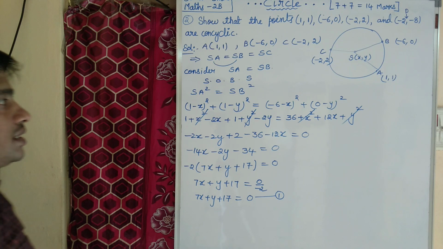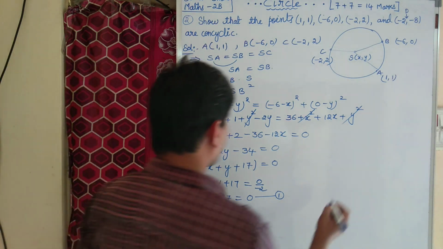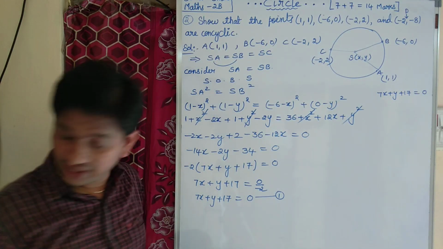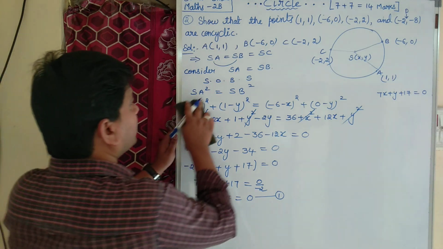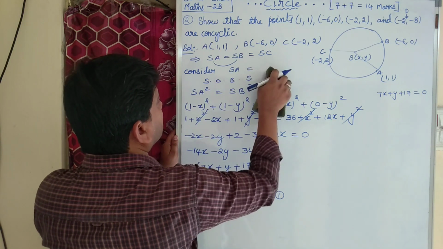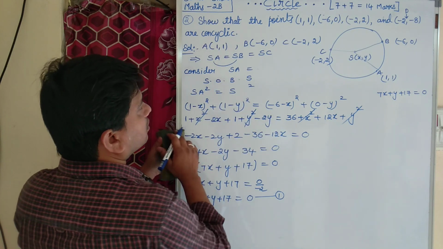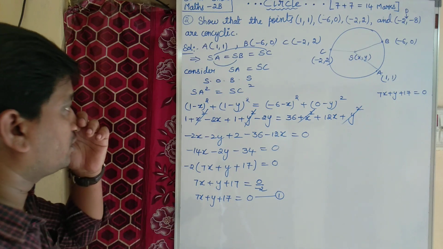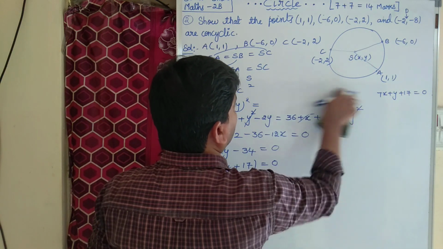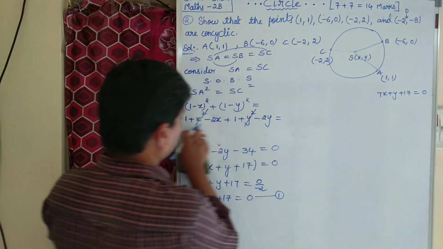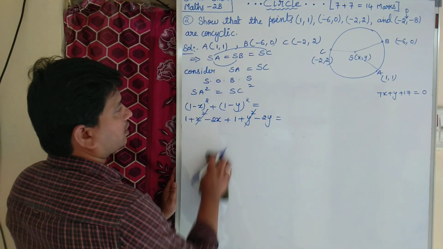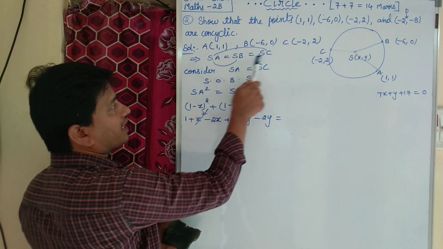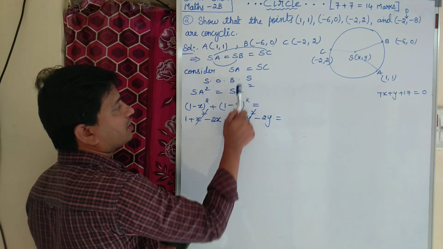Right, children? Yes. Now let me write this equation aside: 7x plus y plus 17 equal to 0. That is our equation number 1. Now let us consider the distance between S and A, and S and C. Again, squaring on both sides, SA square equal to SC square.